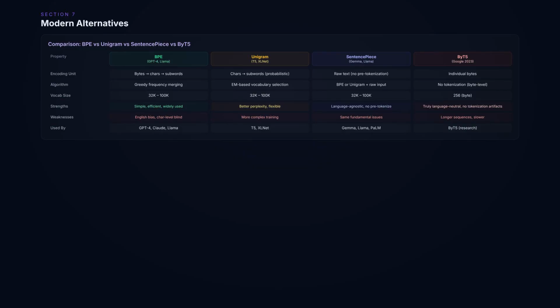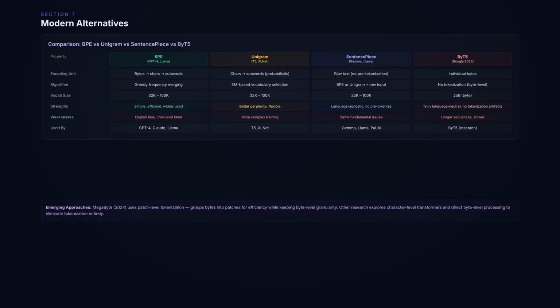So, what's the alternative? Researchers have been working on this for years. Unigram LM takes a probabilistic approach. Start with every possible subword, then prune the least useful ones. SentencePiece removes space-based pre-tokenization entirely, which makes it much better for languages like Chinese and Japanese that don't use spaces.